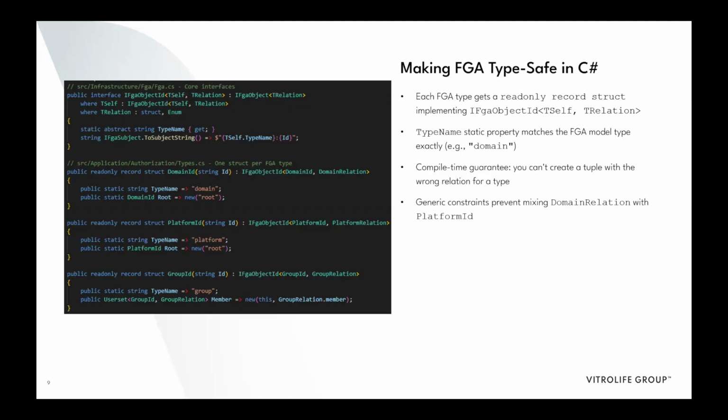I can't be sending the wrong relationship into domain ID or platform ID, etc. Quite simple, but it made it a lot more type safe and has saved me a couple of times so far. And I don't have to write different raw strings all over the place, because I usually want the compiler to complain when I do something wrong.